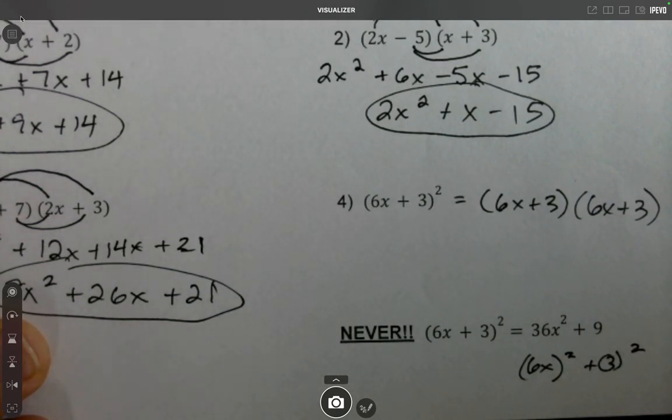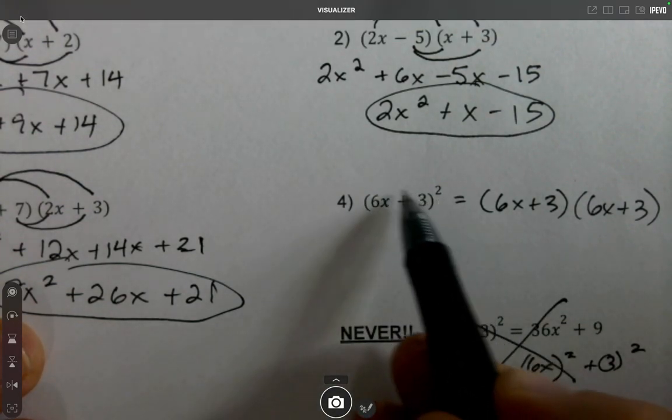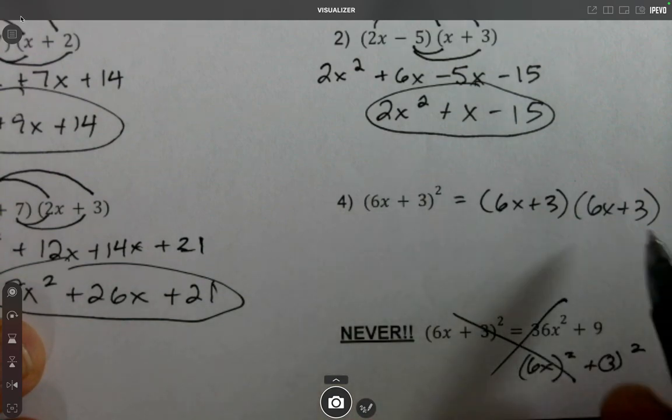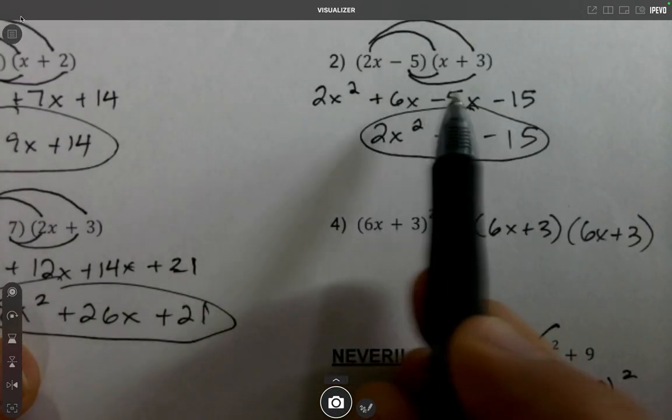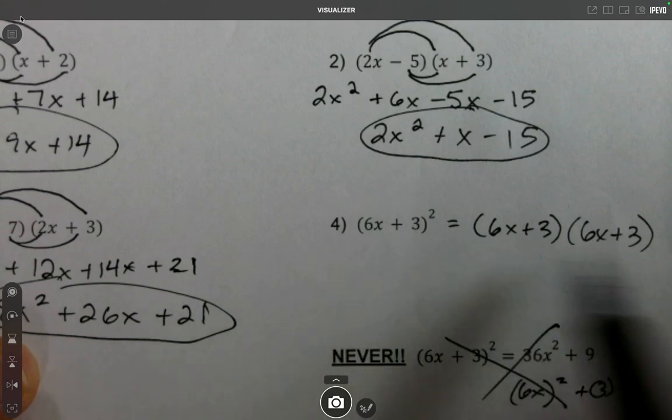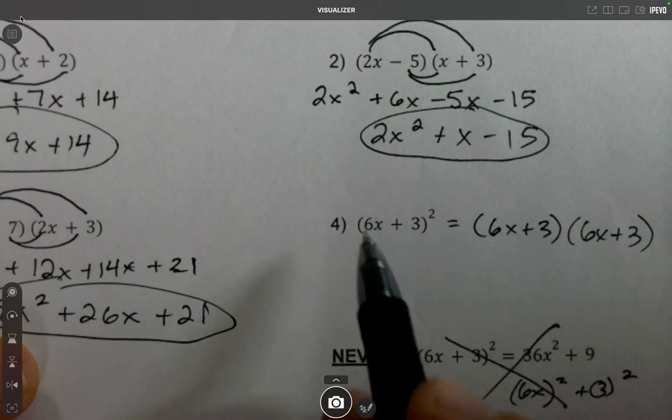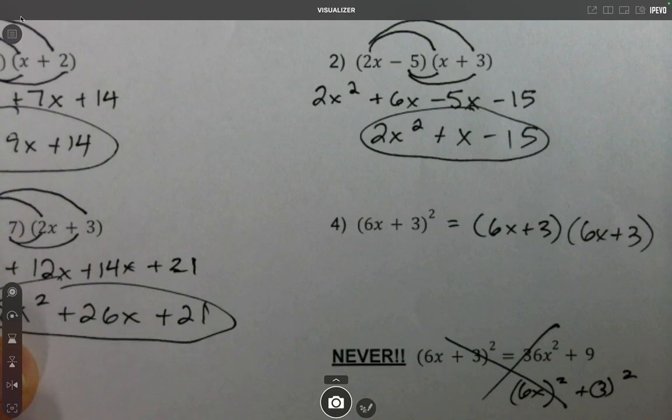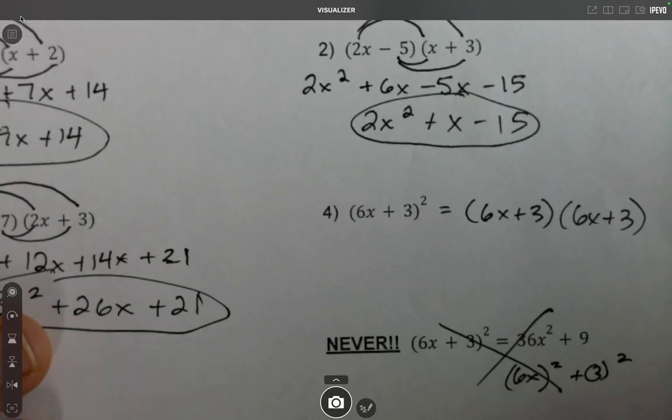That would be squaring each piece individually, but we're not doing that, so never interpret it that way. We're squaring this whole thing. This binomial is being multiplied by itself. And as you've now learned, that requires foiling, not just multiplying the first term by itself and the last term by itself. That is basically skipping the outer and the inner part of the process.